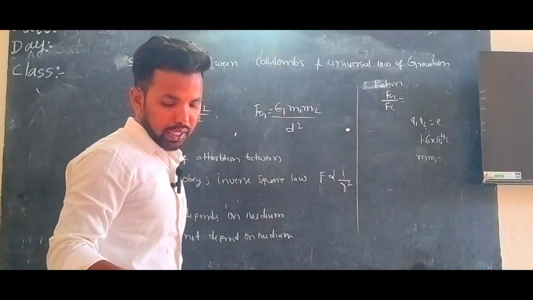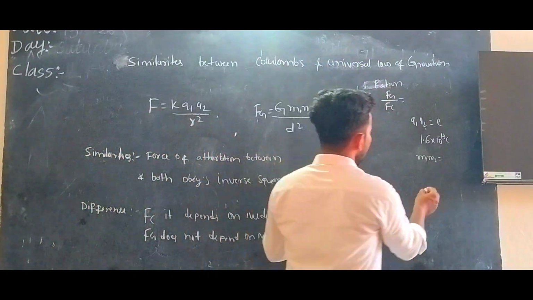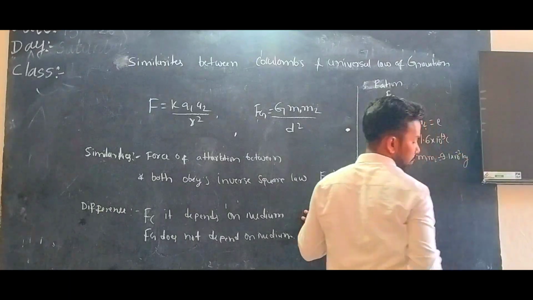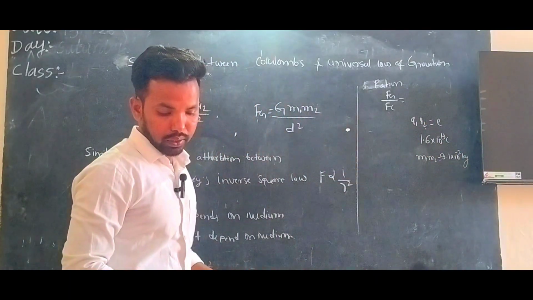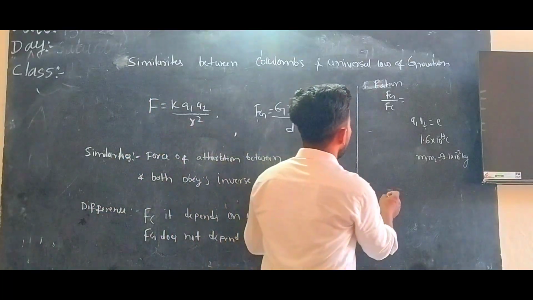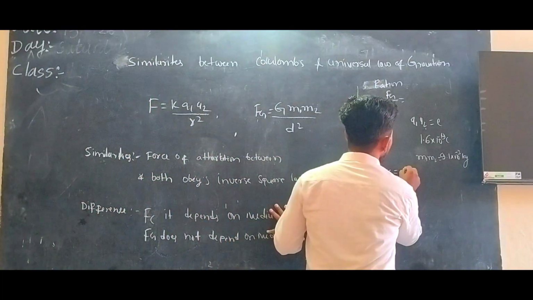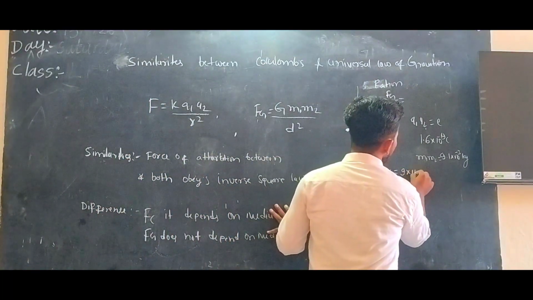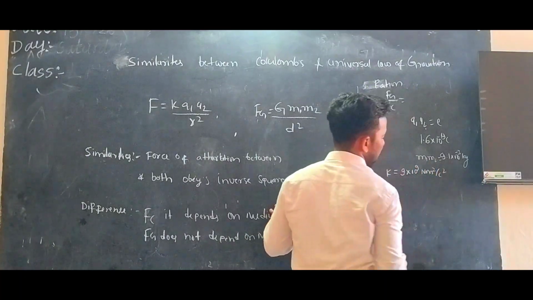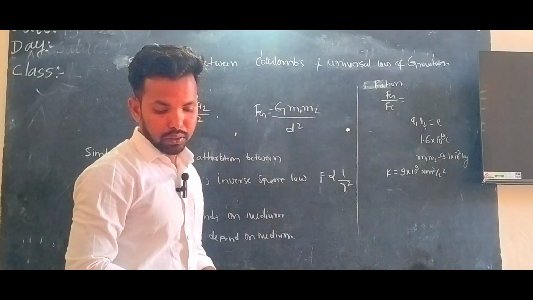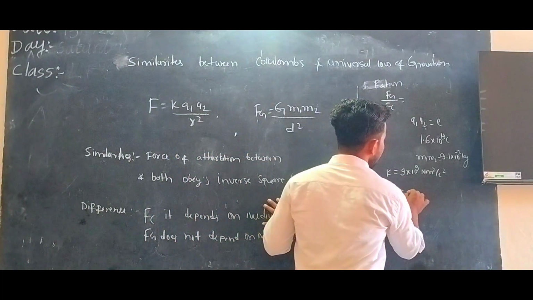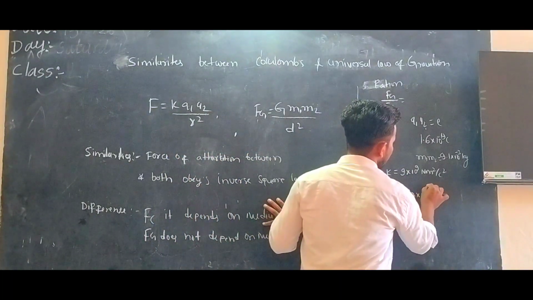M1 and M2, let us take two charges the same only. The mass value is 9.1 into 10 to the power minus 31 kg. The K value we know: 9 into 10 to the power 9 newton meter square by coulomb square. The G value is 6.67 into 10 to the power minus 11.